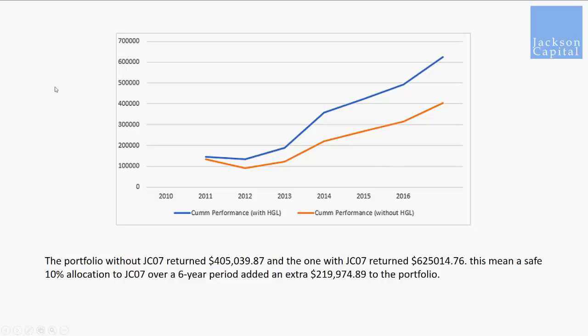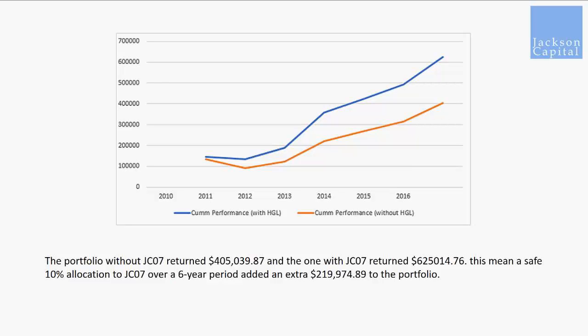The blue line is the cumulative chart including the Jackson Capital MDA with just 10%, so 100 grand in it. And the orange one is without the Jackson Capital JCO7.